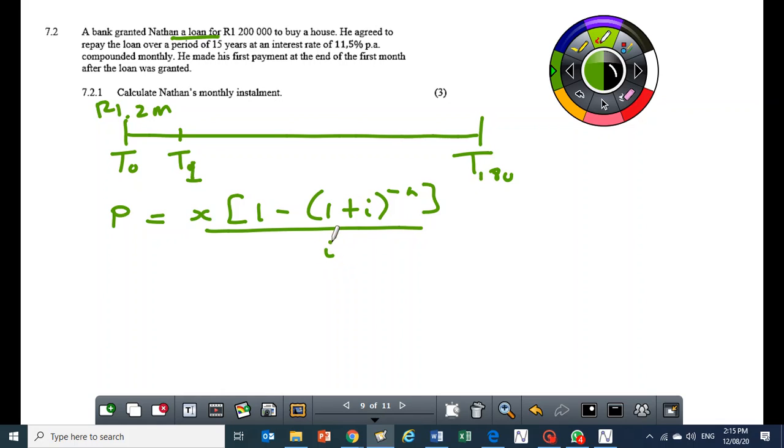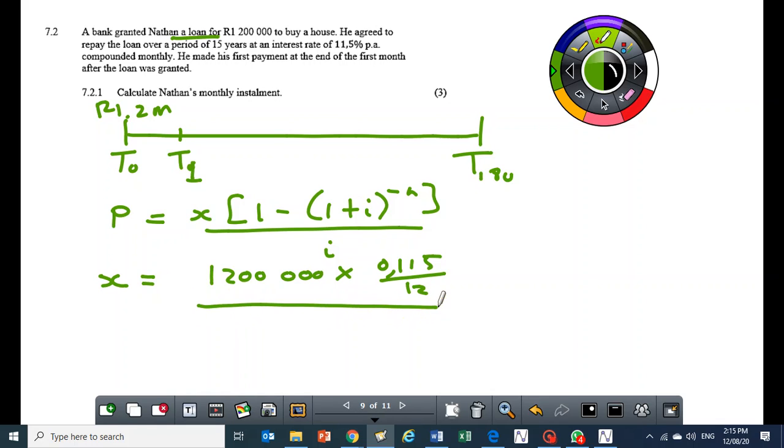We want the monthly installment, so X will be equal to P, which is 1,200,000 times our i, that's 0.115 over 12. Whatever amount we get here, we divide it by 1 minus (1 plus 0.115 over 12), all raised to the power of minus 180.